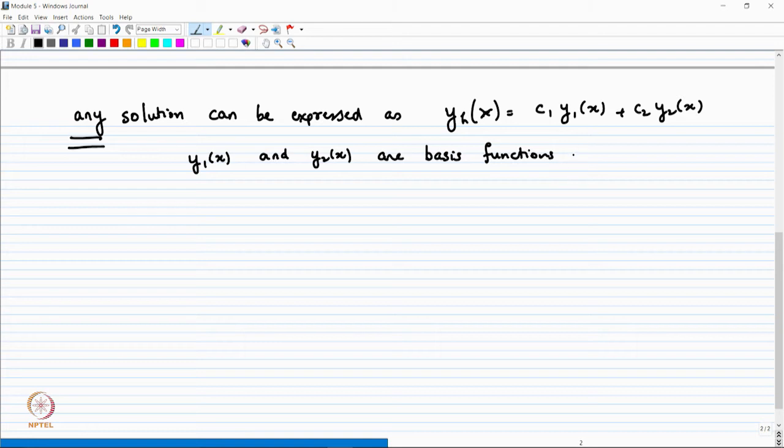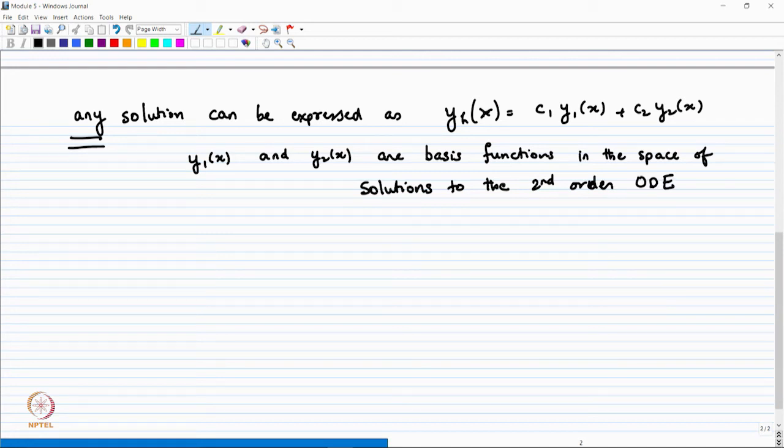These are basis functions, not in the space of all functions, but in the space of solutions to the second order ODE.